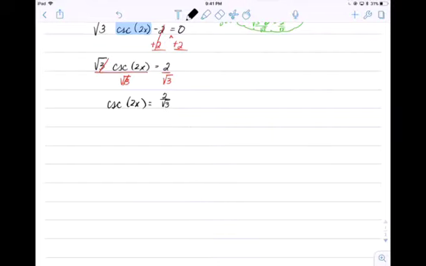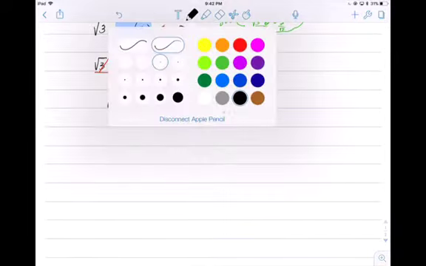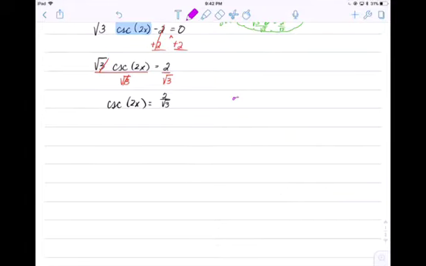Here is where there's a slight little trick. We know that cosecant is a reciprocal of a particular trig function. This should be in a thought bubble. This is what we should be remembering from homework 1. Cosecant of any angle is just 1 over sine of that particular angle.